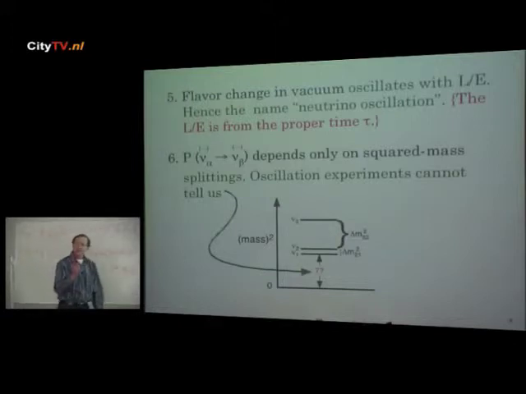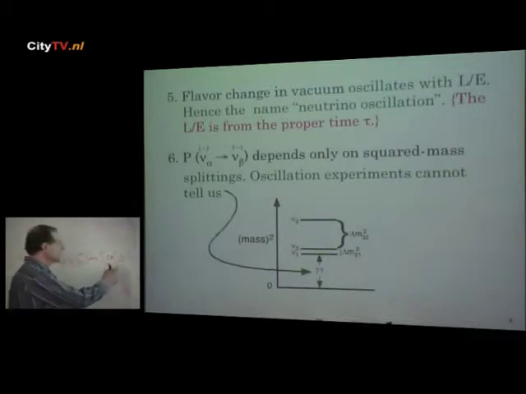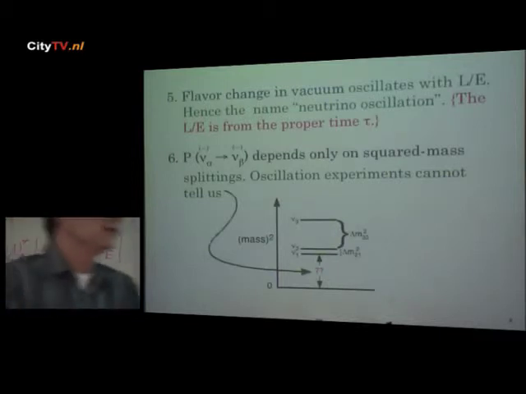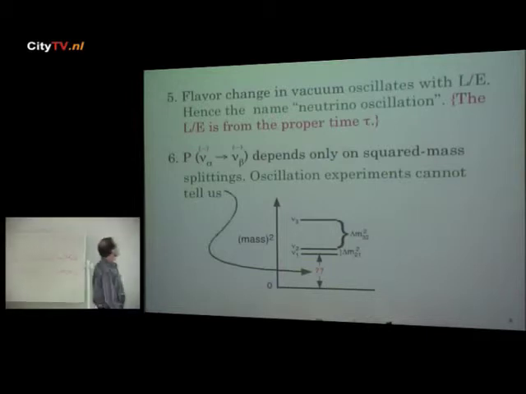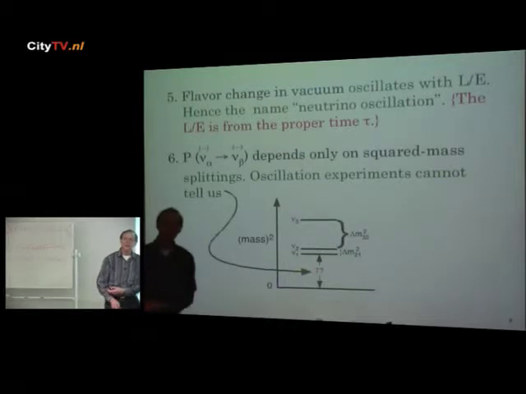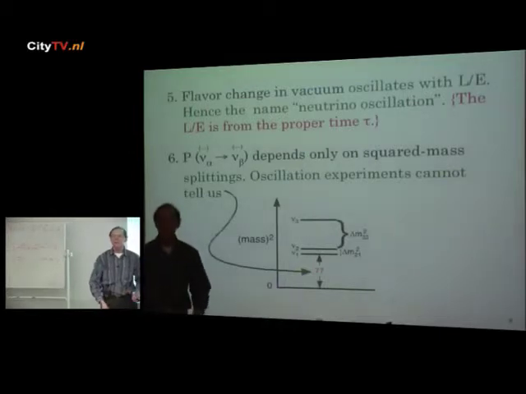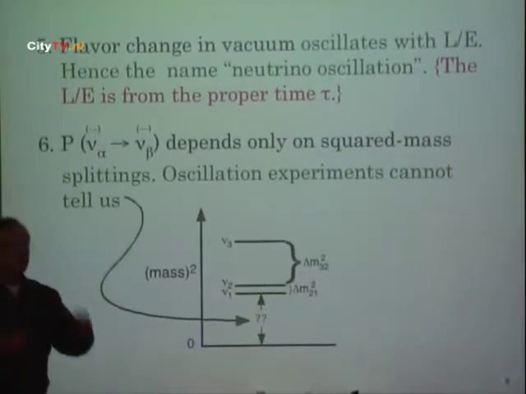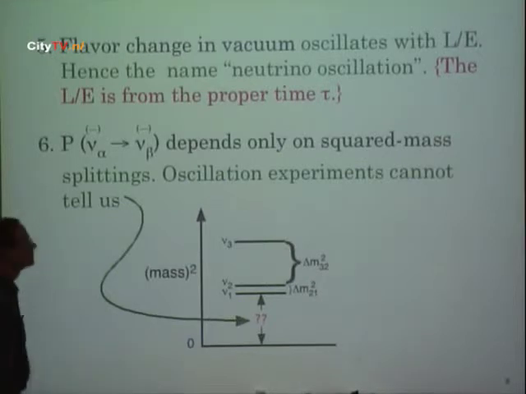And incidentally, the reason that the variable with respect to which this oscillates is L over E and not L times E or some L without the E or whatever, is that neutrino oscillation is something that the neutrino is doing by itself. What the neutrino does depends on how much the clock has advanced in its own rest frame, the proper time that has elapsed between production and detection.